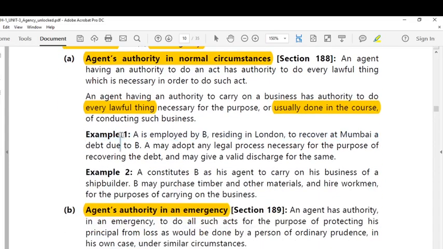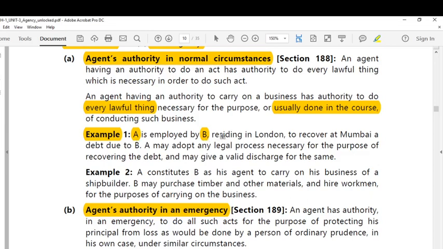You see the example so that you will understand agent's authority in the normal course in common terms. A is employed by B. So B is a principal, and A is the agent.